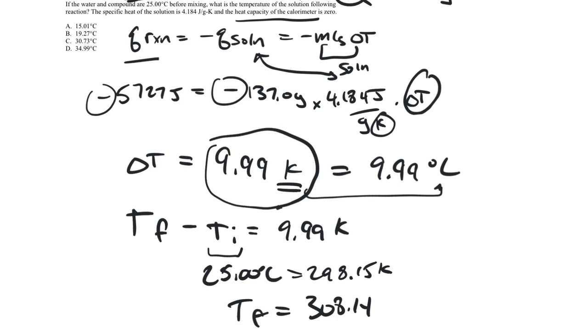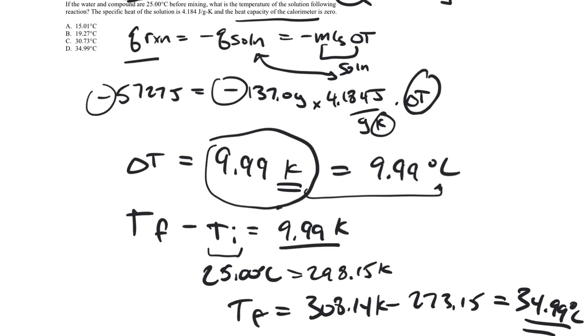And then we subtract 273.15 to go back to degree C. And of course, 273.15 subtracted is 34.99 degrees C. It's a long approach, right? To say 9.99 was the Kelvin difference in temperature. We converted our initial to Kelvin, and then we solved the algebraic problem for TF, and then we converted back to degree C. Lengthy approach.